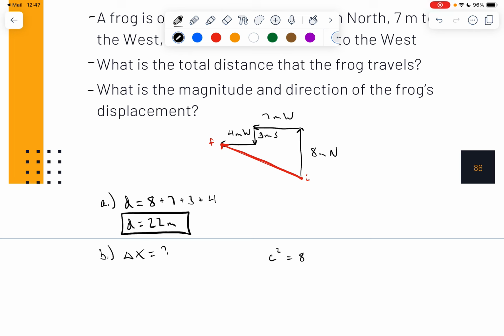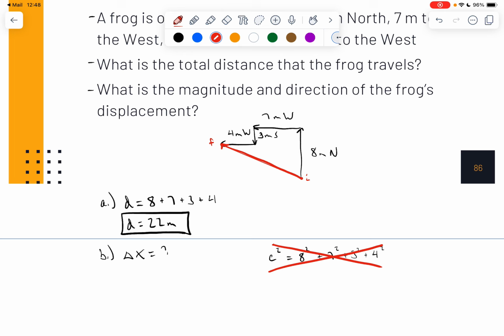So some people might try to do 8 squared plus 7 squared plus 3 squared plus 4 squared. But this is actually a very incorrect way to do this. It doesn't give us our Pythagorean theorem. The Pythagorean theorem is a squared plus b squared equals c squared. We can only use two sides for this.